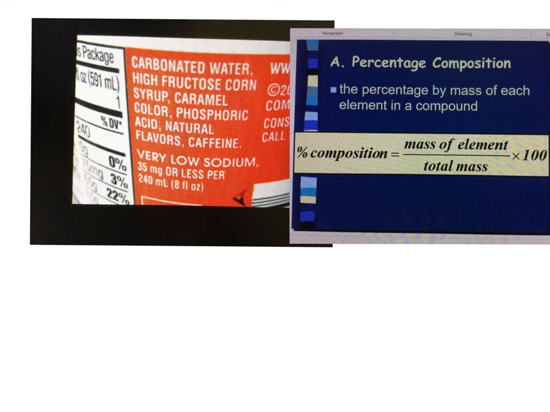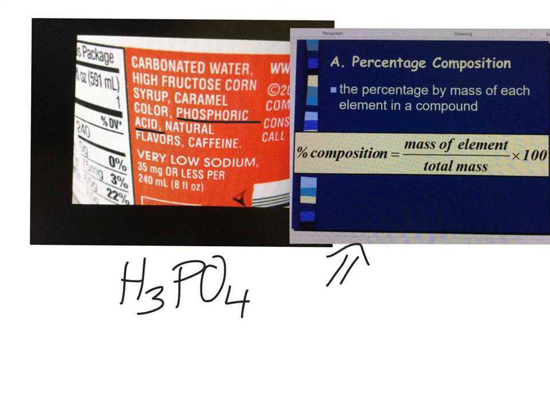All you have to do is figure out exactly what ingredients are in that product. Okay, so let's take Coca-Cola for example, and let's just pick an ingredient. Let's take phosphoric acid, H3PO4. All right, so let's take oxygen. Now, you need to follow this formula.